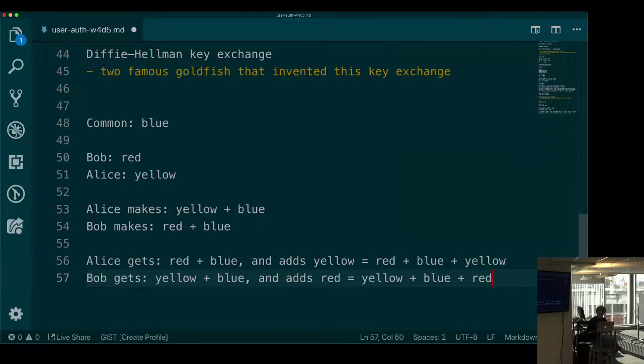The interesting thing about this operation is that both of them end up with the same combination of colors, involving those two secret colors plus the common one. And merging colors is an operation that doesn't need its operands in order. I can do red plus blue plus yellow or yellow plus blue plus red, and I end up with the same color. This stuff can be done out of order.